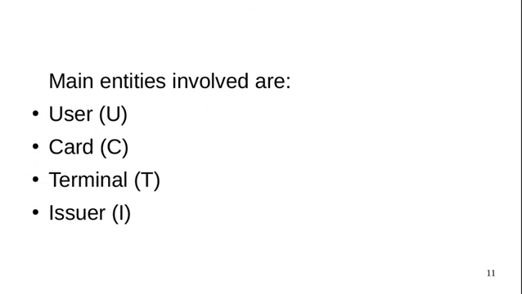Now the main entities involved are, again, there will be a user, the owner of the card or cardholder, and there will be the card itself. Then there will be a terminal on which the card will be used, and there will be an issuer. The issuer will be a bank, and the issuer will be issuing the card.